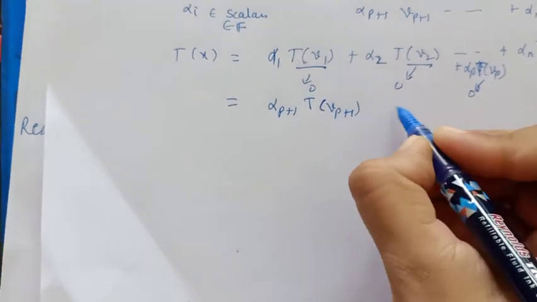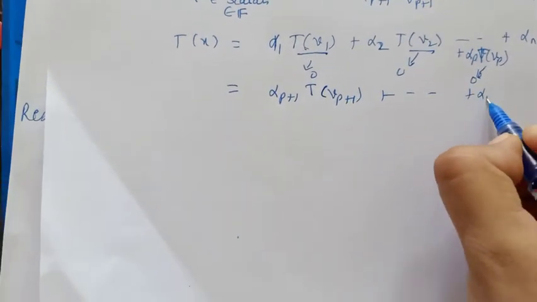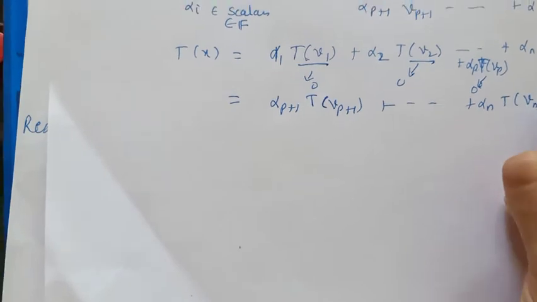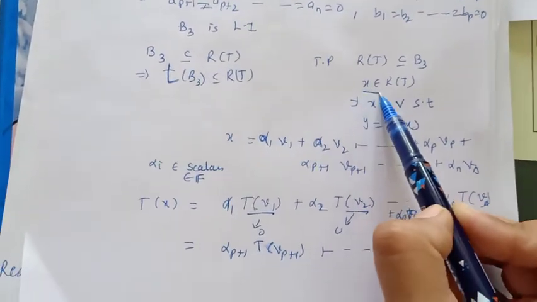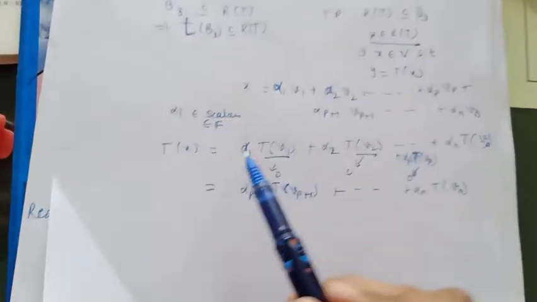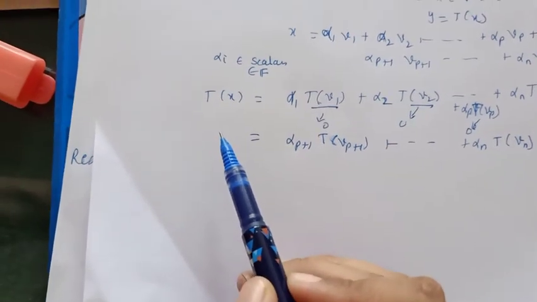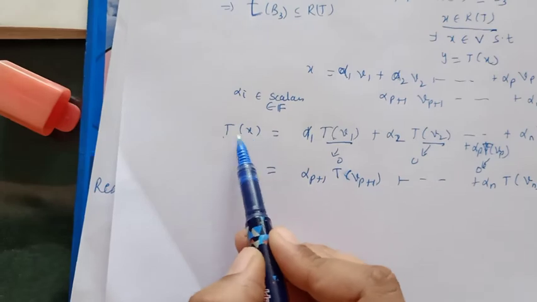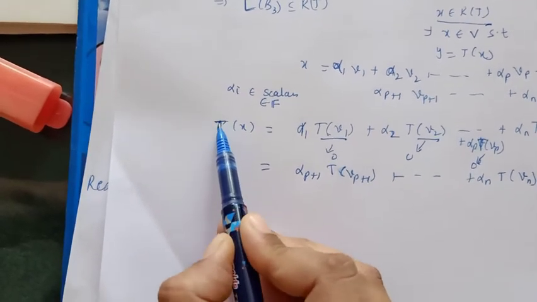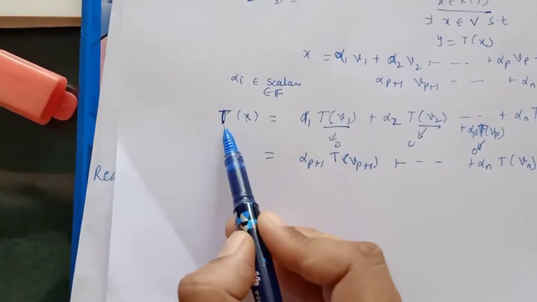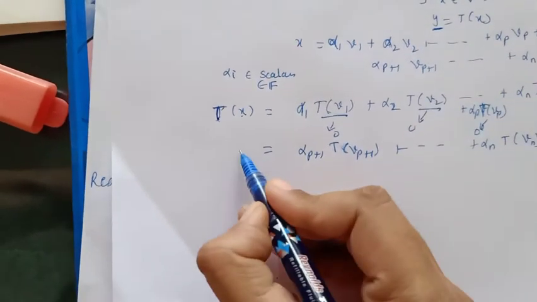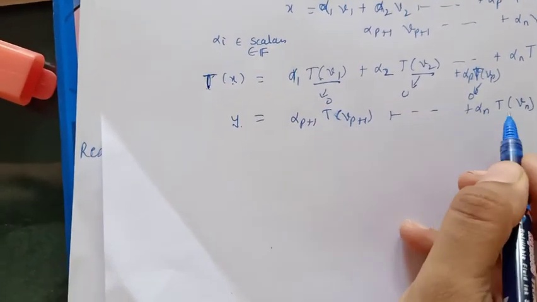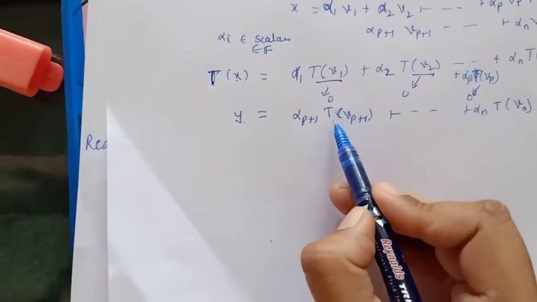So what we have done: we have taken an element from the range space of T and, by transforming this x, we wrote its image, which we called y, as a linear combination of these elements.